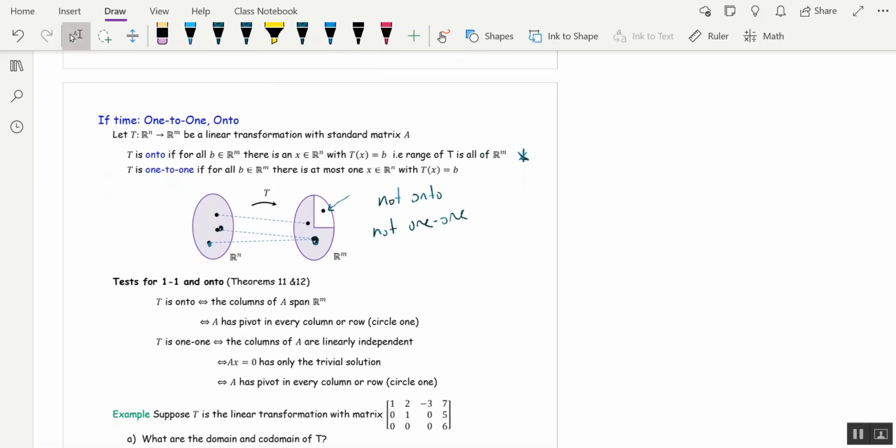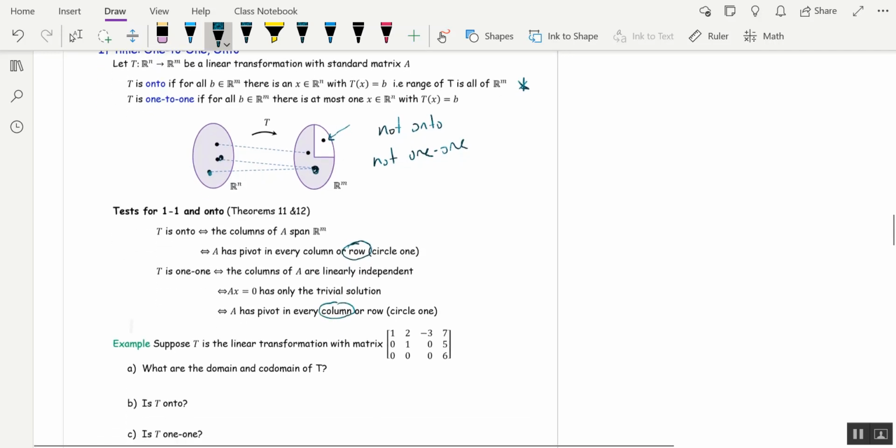T is onto if and only if the columns of A, the matrix for T, span Rm. And I'll just remind you, the columns of A span Rm if and only if A has a pivot in every row. And T is one-to-one if and only if the columns of A are linearly independent. So Ax equals 0 has only the trivial solution. Well, that happens if there's no free variables, so you have a pivot in every column.